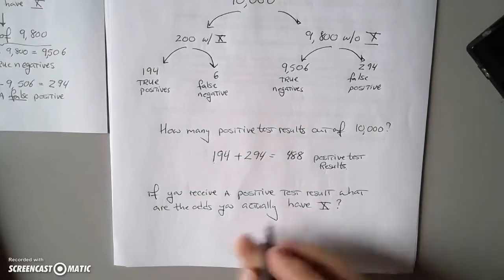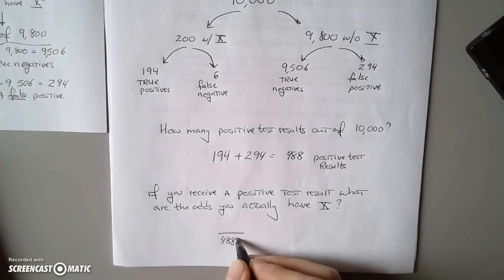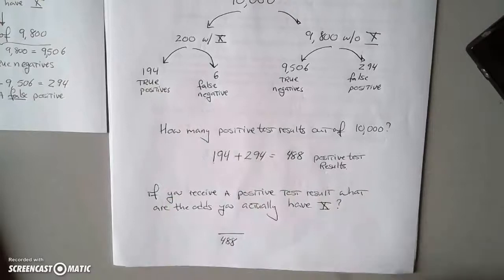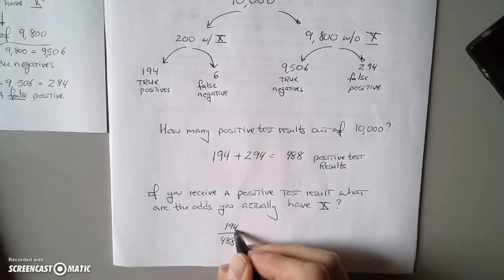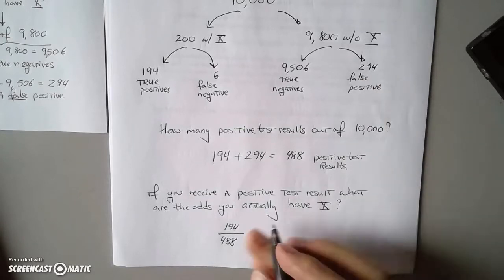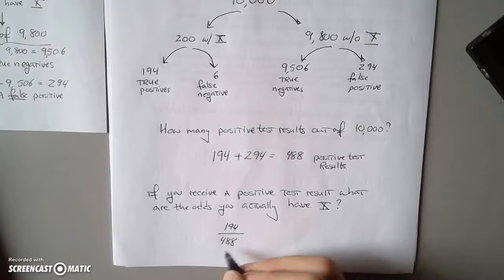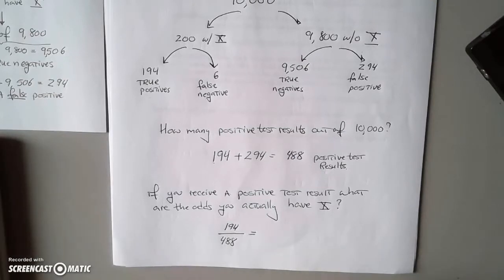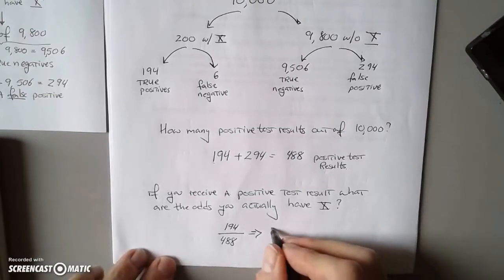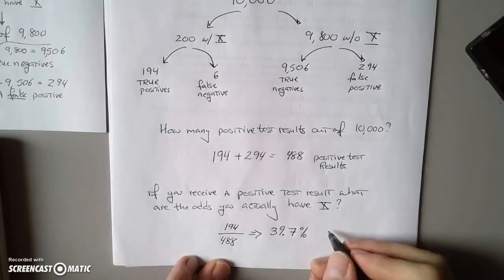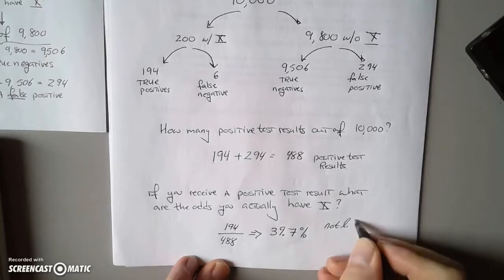There are 488 positive test results, but only 194 of them are true. The other 294 are false. So this is true out of all the possible. So 194 divided by 488 times 100 gives me 39.7%. So not likely.